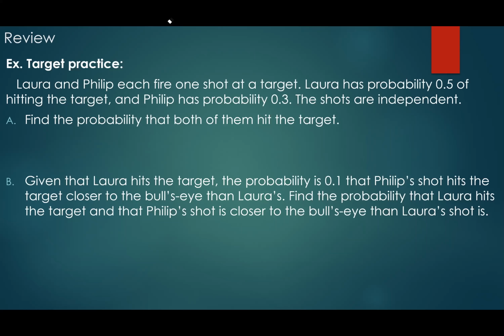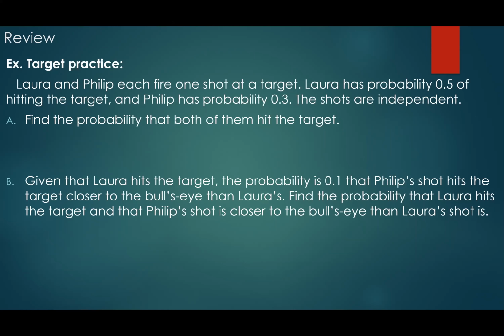They say Laura and Philip each shoot one shot at the target. Laura has a probability of 0.5 of hitting the target, and Philip has a probability of 0.3. Let me ask you guys, they say that the shots are independent, but does everybody see why they are independent? Because Laura and Philip are different people, right?